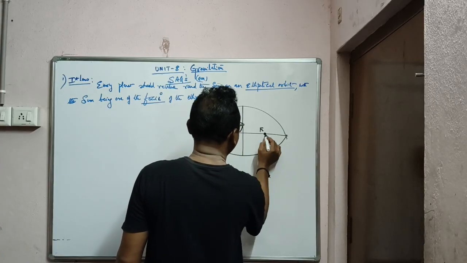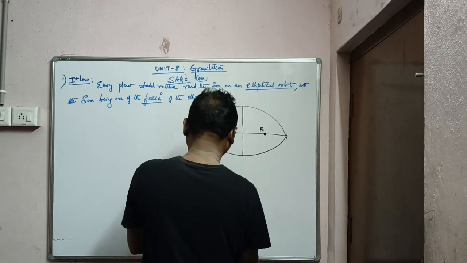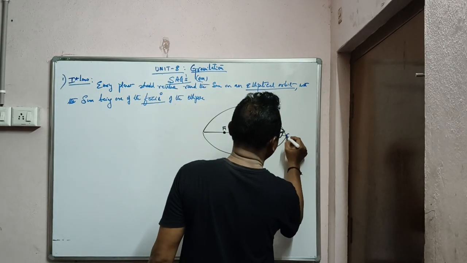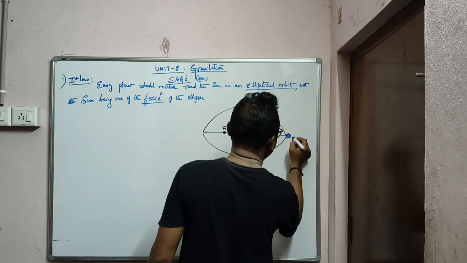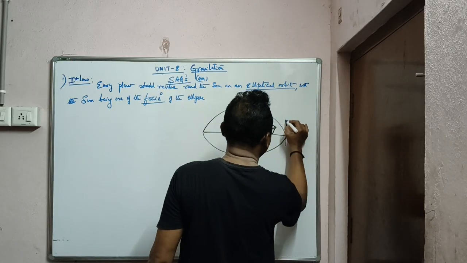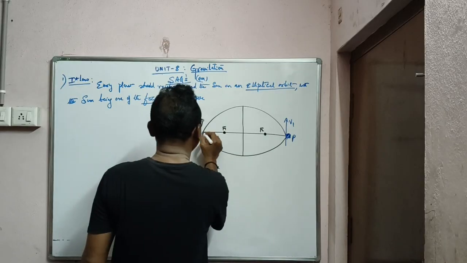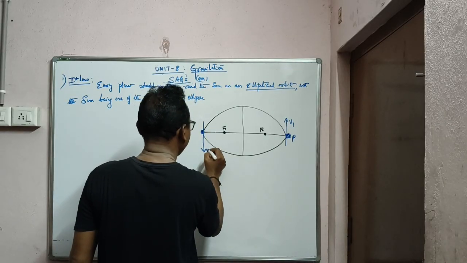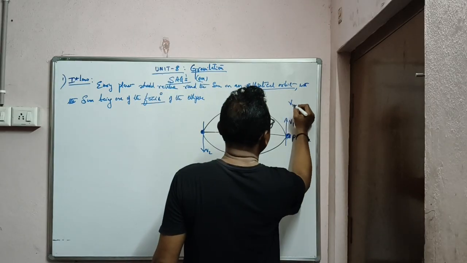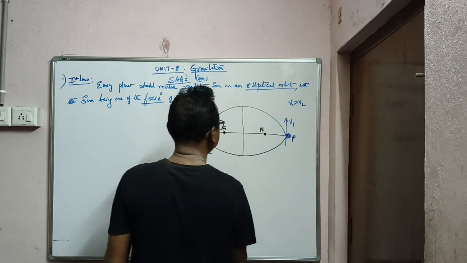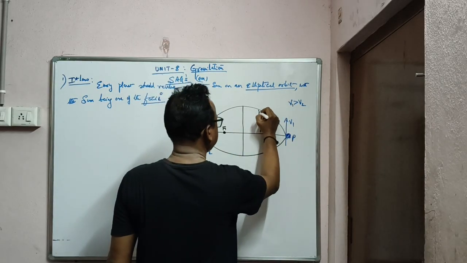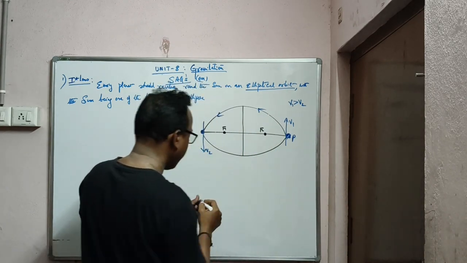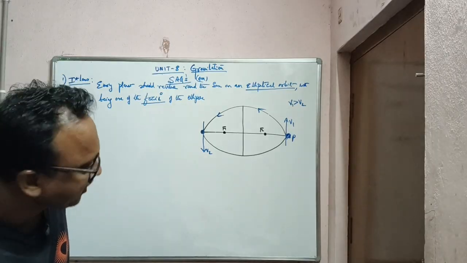And the planet is of course here, moving with some velocity v1 here, coming here again. Here the velocity is v2, and of course v1 is greater than v2. So the planet is revolving in this fashion. Either the sun should be here or there, one of the foci of the ellipse.